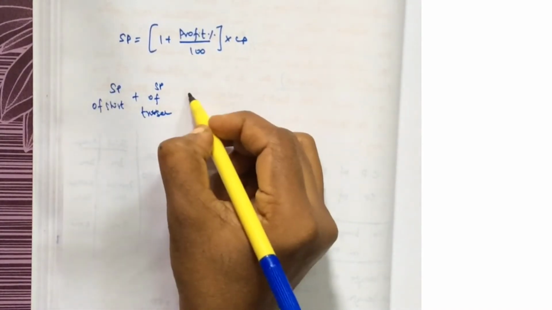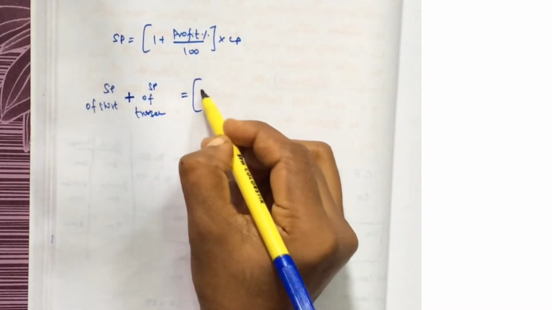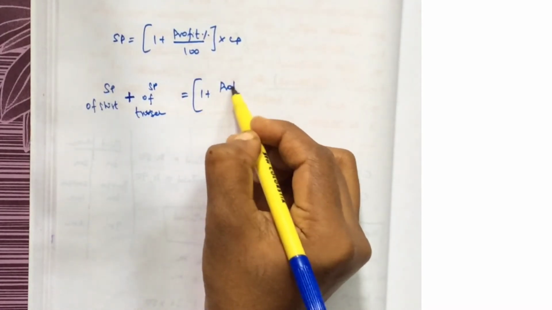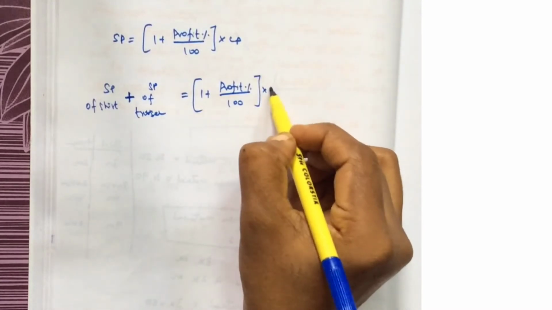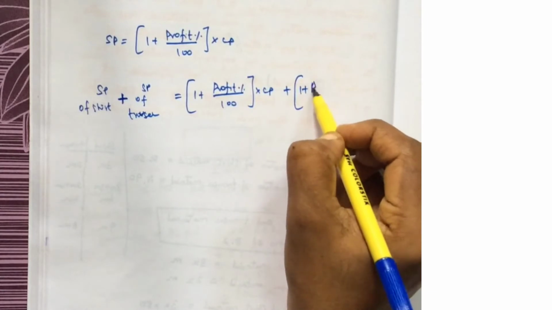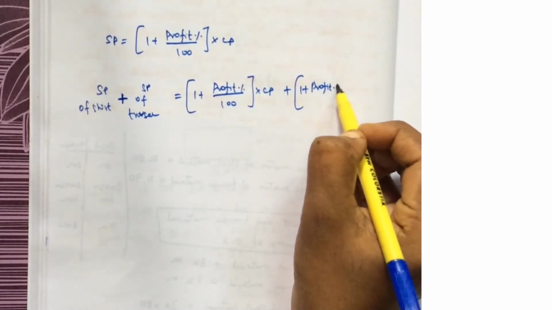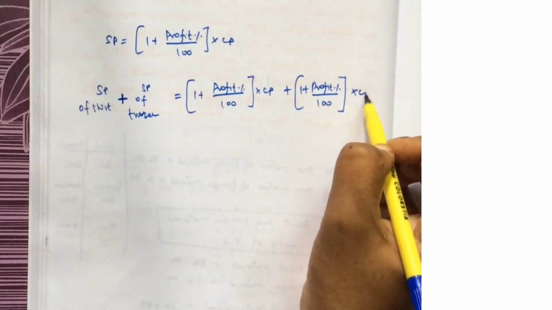Okay, that is equal to, I am adding both of the selling prices, that is equal to 1 plus profit percentage divided by 100 multiplied by cost price plus 1 plus profit percentage divided by 100 multiplied by cost price.